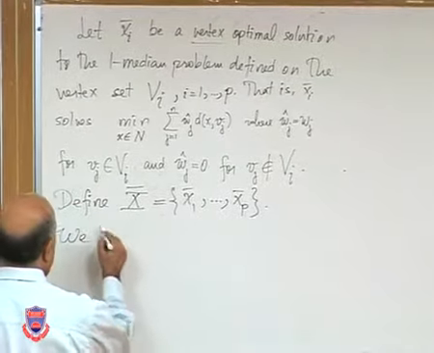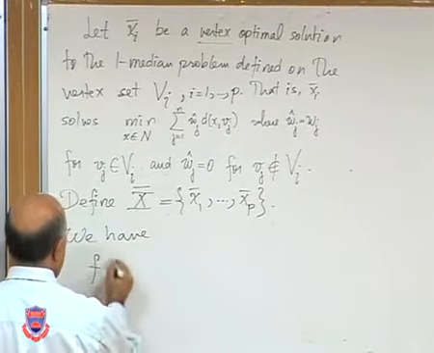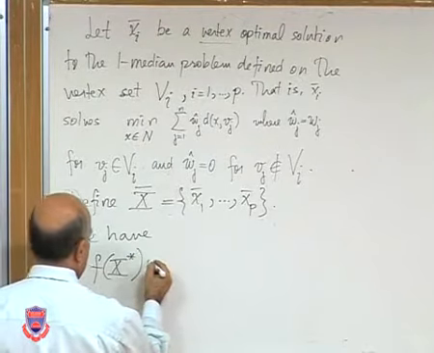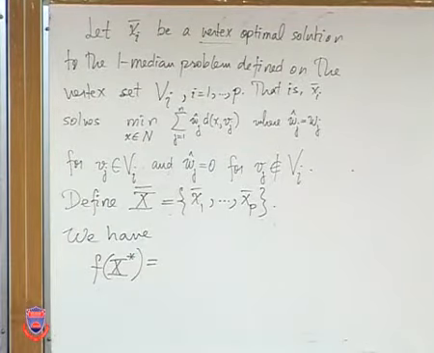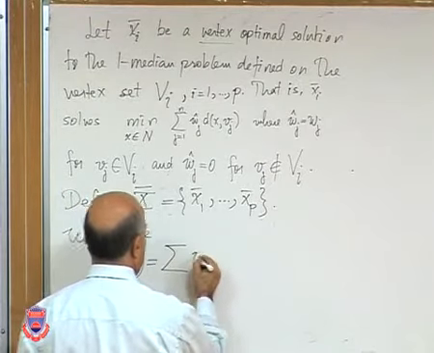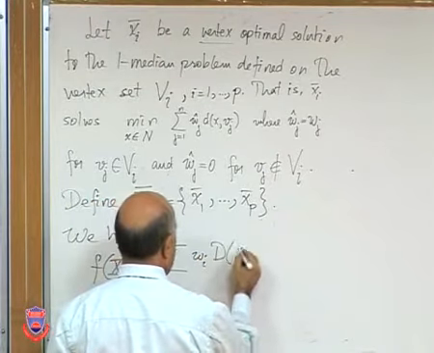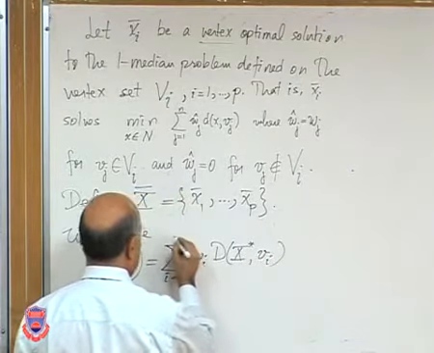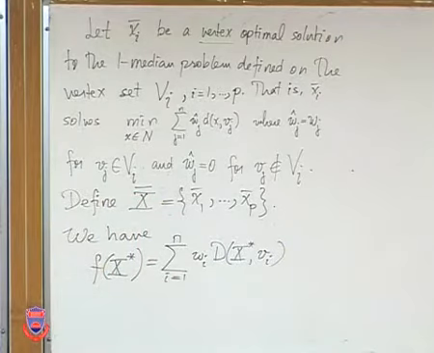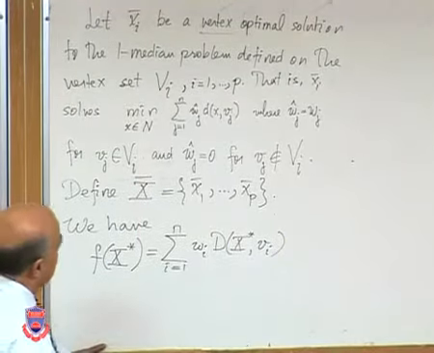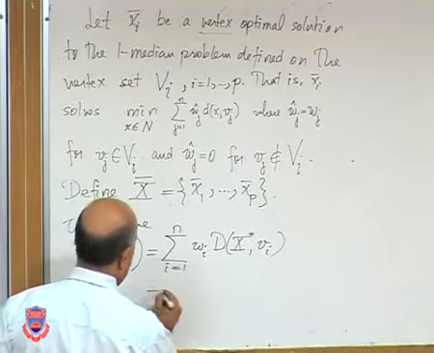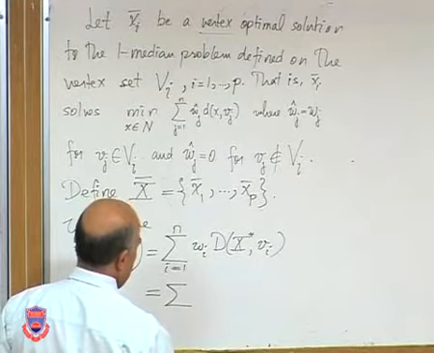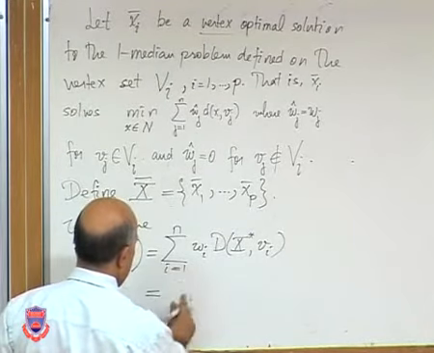Now we have f of x star, which is by definition the summation of wi times capital D(x star, vi), i going from 1 to n. That's the definition of f of x. Let's write it this way.